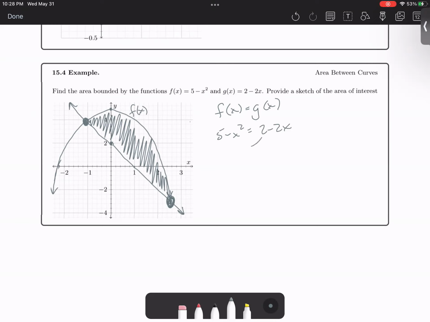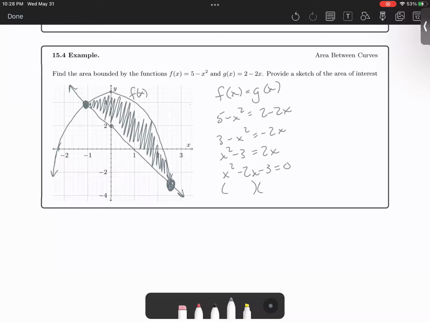Let's move this 2 to the other side. So if I subtract 2 from both sides, I get 3 minus x squared is equal to minus 2x. If I multiply both sides by minus 1, and let's subtract the 2x to the other side, we get x squared minus 2x minus 3 is 0.